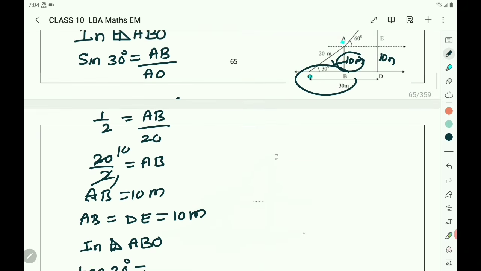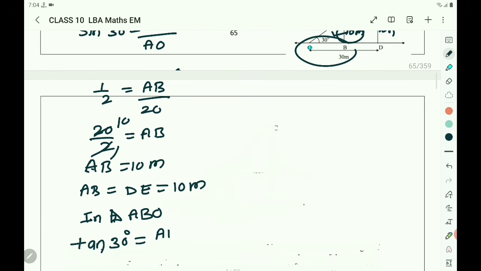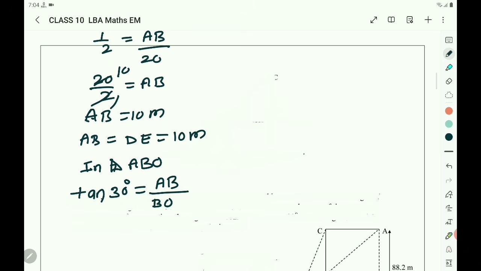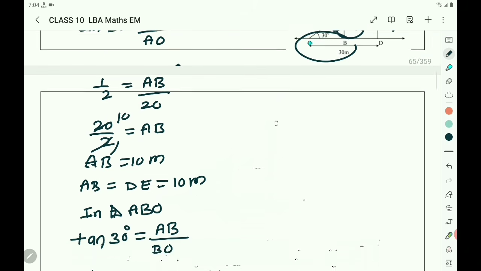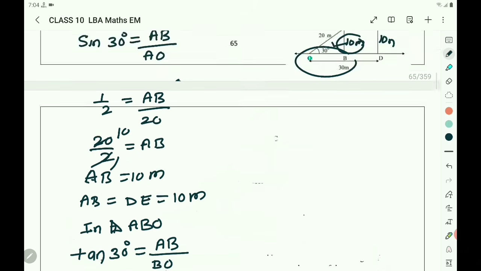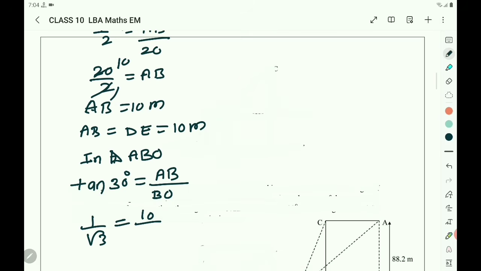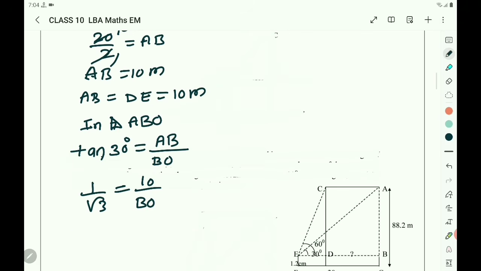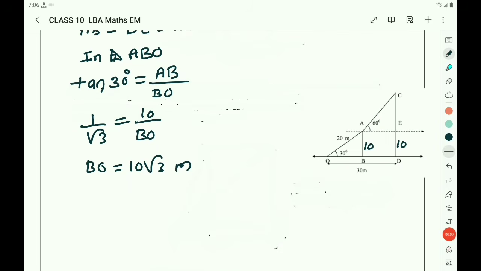Opposite side is AB, so AB by BO. Tan 30 is 1 by root 3. AB is 10, so 10 by BO. Do the cross multiplication. BO is equals to 10 root 3 meter.